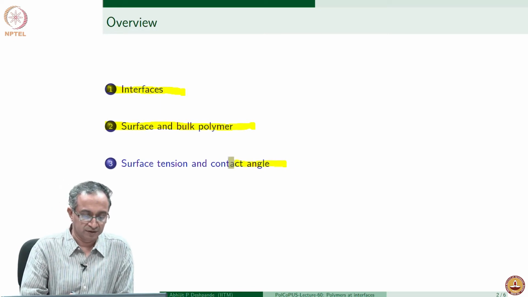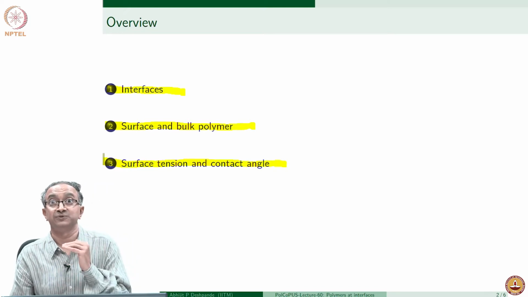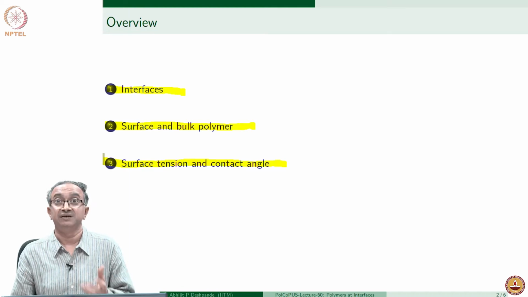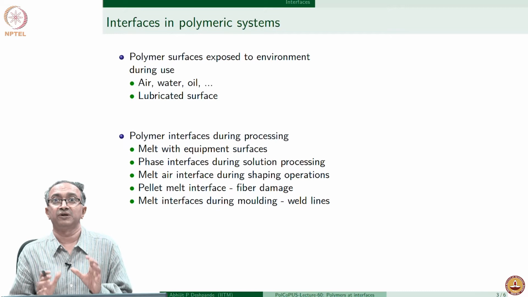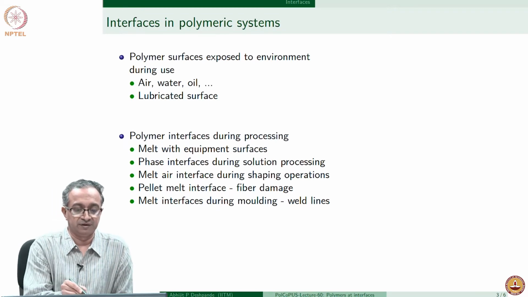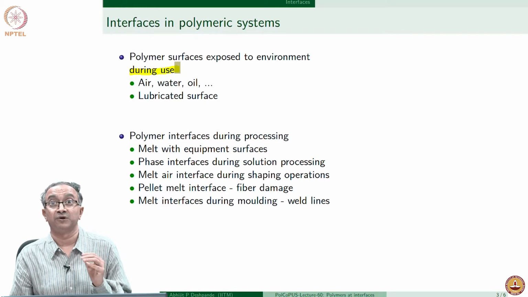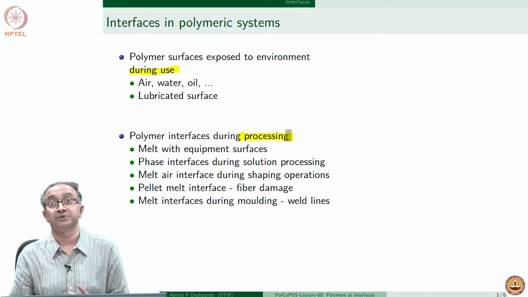And one quick way of characterizing the macromolecules which are at the interfaces or the polymeric interfaces is by measurement of a property. So, interfaces in polymeric systems could be due to what is happening when the polymer is in service life, or it could be due to when the polymer is being processed.